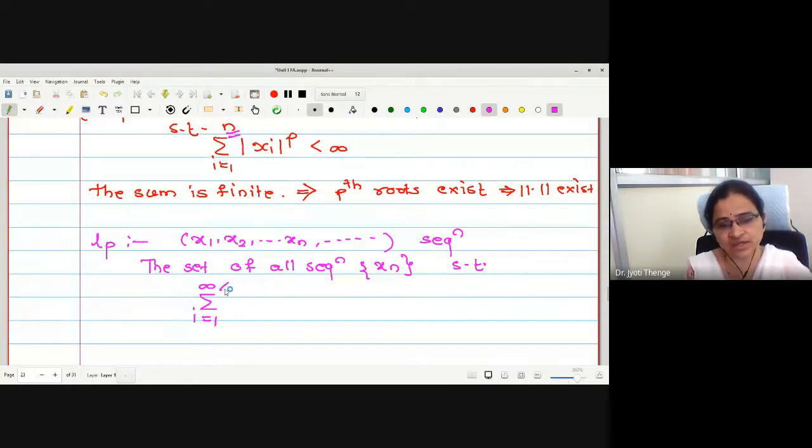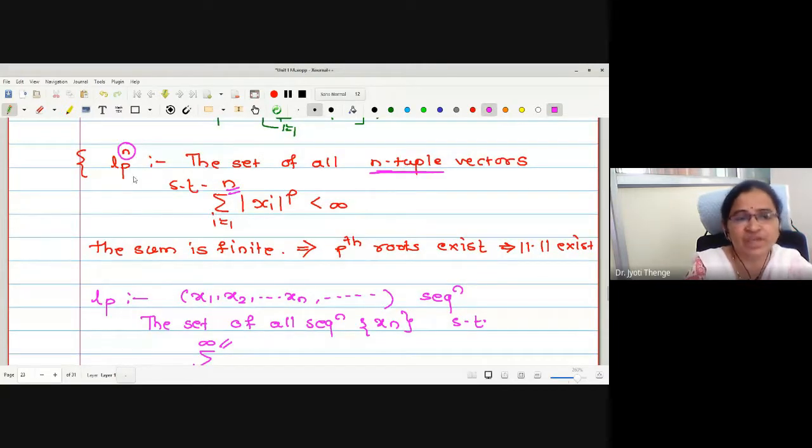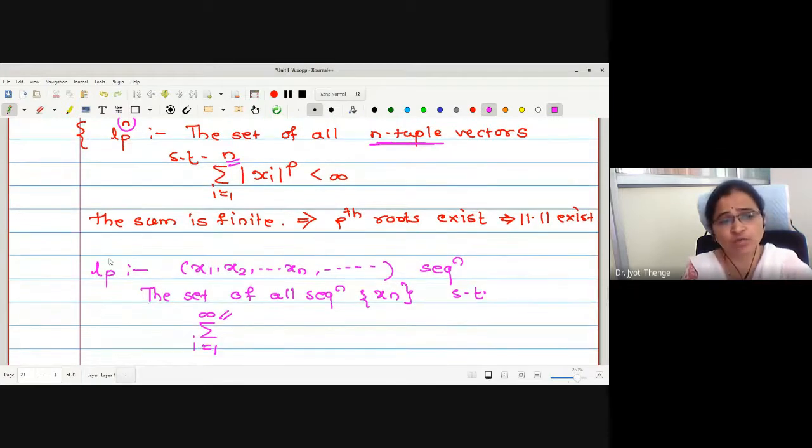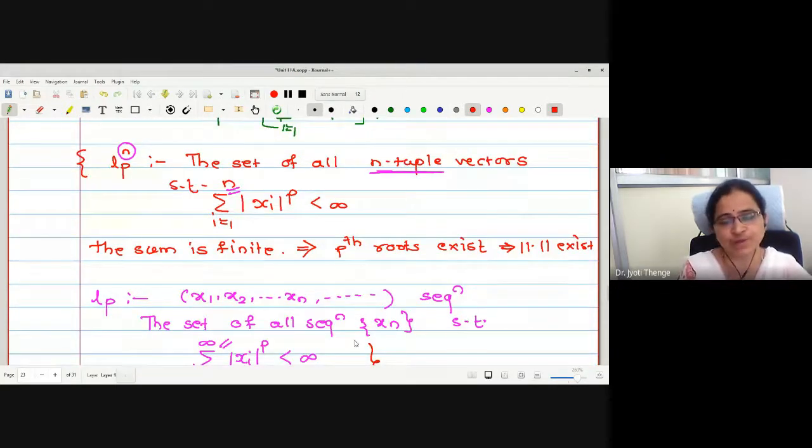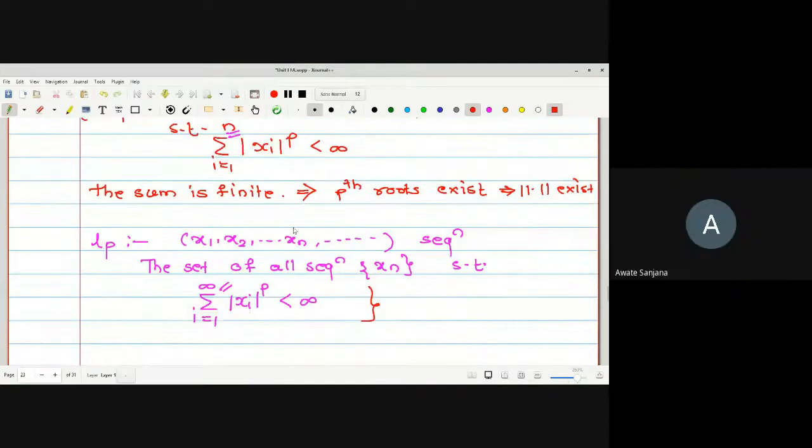Here it is n, here it is infinity, because the previous space is the LPN space, a set of n-tuple vectors, and this is a set of all sequences, with the same condition again, mod xi raised to P less than infinity. Understood how these spaces are different from Rn spaces? Yes, ma'am. Okay, let us continue.